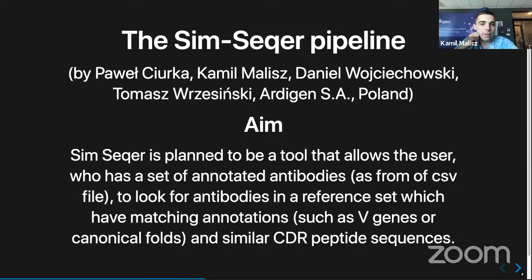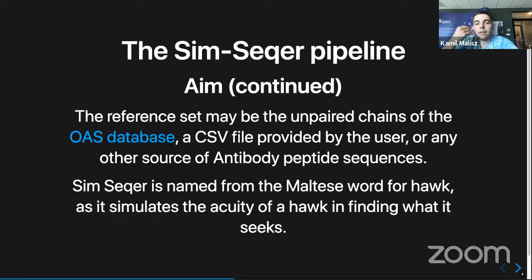Can you go to the next slide? This reference may be, for example, one of the publicly available databases like the OAS database, or our own antibody database, which we have. The main problem which we commonly have to deal with is: was this particular sequence already seen somewhere in our data, or any other similar antibodies, have we found them already or not?